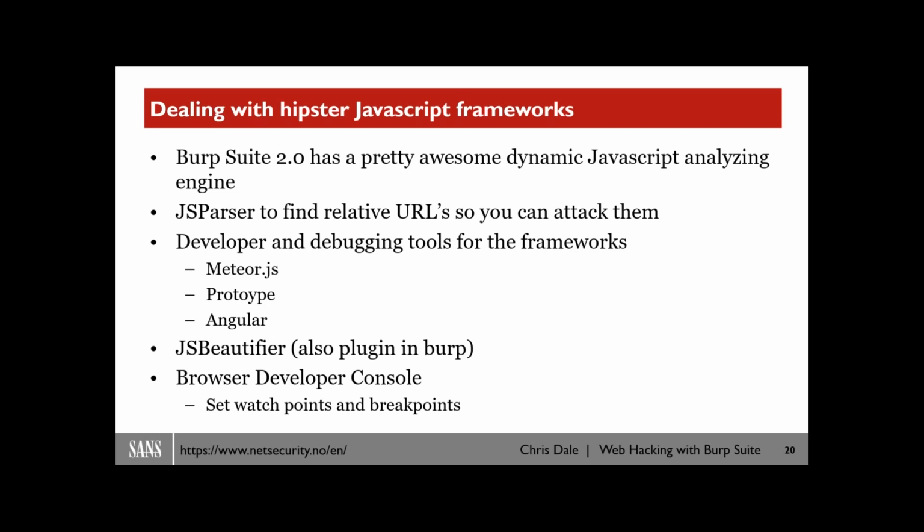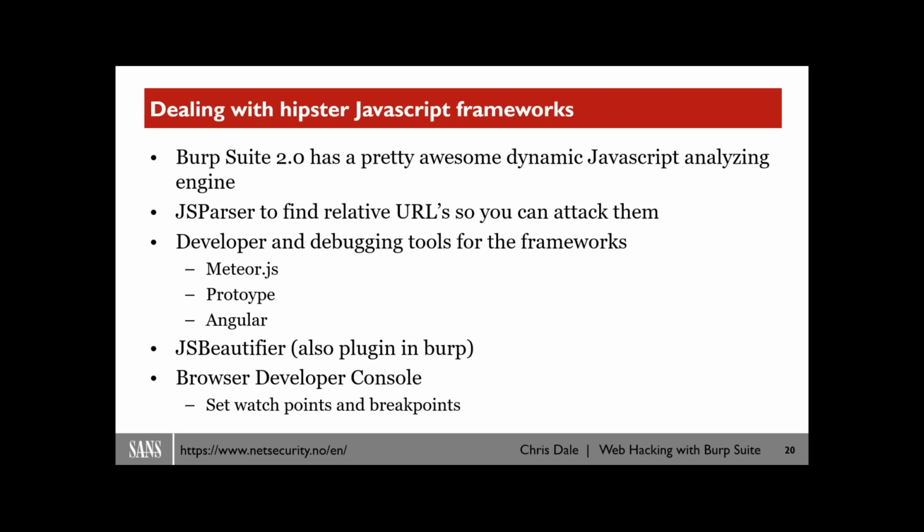However, for these JavaScript frameworks, I always run them through JS Parser, which is on GitHub, and you basically give JS Parser your URLs, and it will try to give you any reference to relative URLs, any URLs it can find, and you can start adding that to your attack surface and find vulnerabilities. I also always Google developer tools for the different frameworks. Say I want to work on Angular, I try to figure out how the developers debug these things.